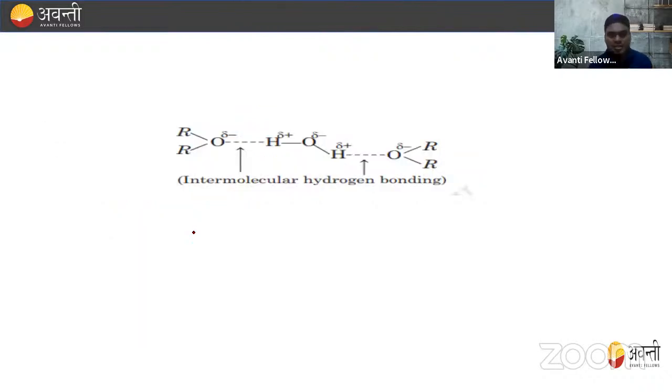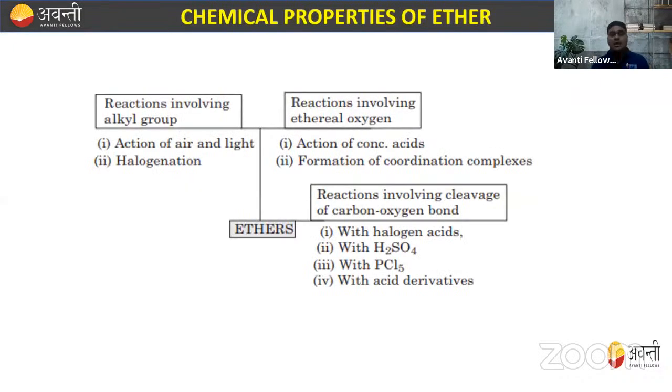So here we can see the structure of the intermolecular hydrogen bond. So this is the ether, R-O-R, and it shows hydrogen bonding with water, and due to this they are soluble. So this is intermolecular hydrogen bonding. Intermolecular means between two different molecules, one molecule of ether and one molecule of water, and intra means, as you studied yesterday, between the same molecule. Okay?